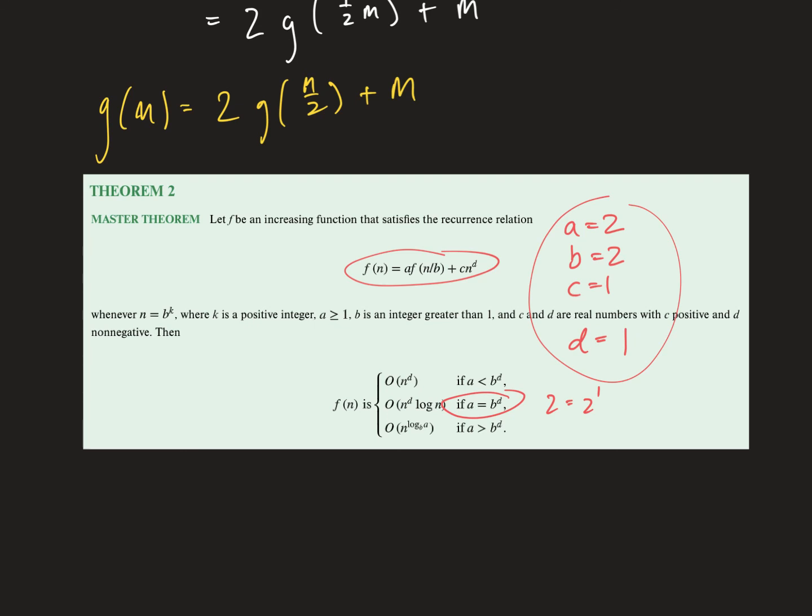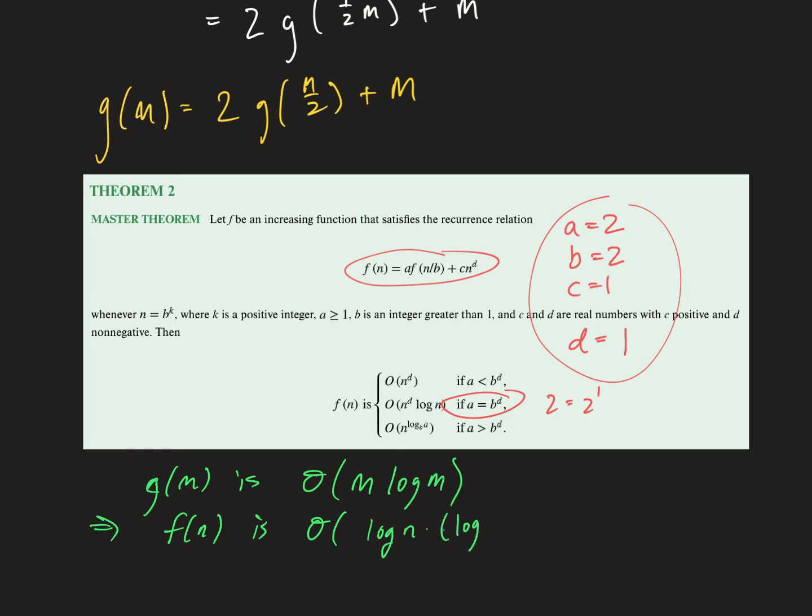And so g of m is O of m to the d, which is m to the 1, times log m, which means that f of n is O of m, where m is log n, so log n times log of log n.